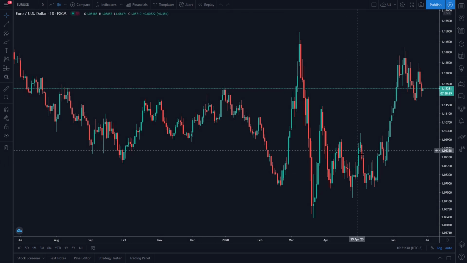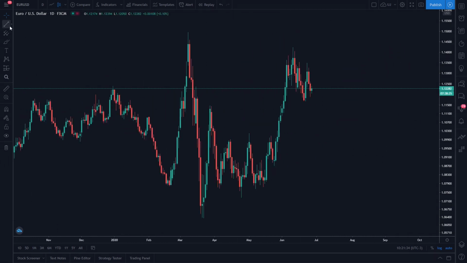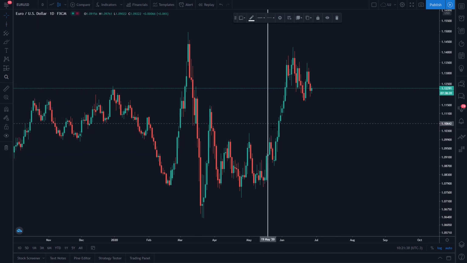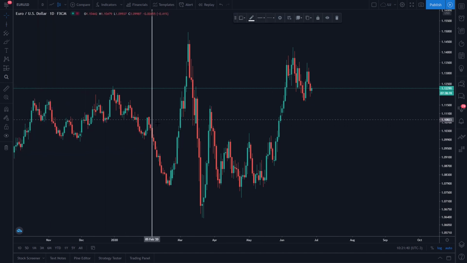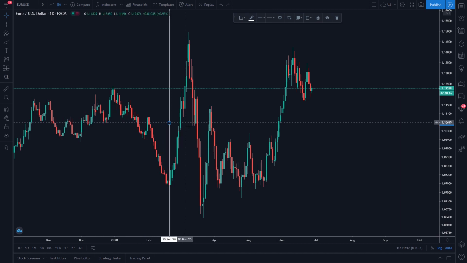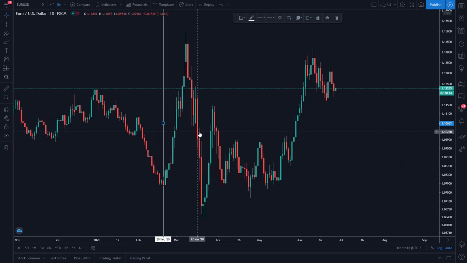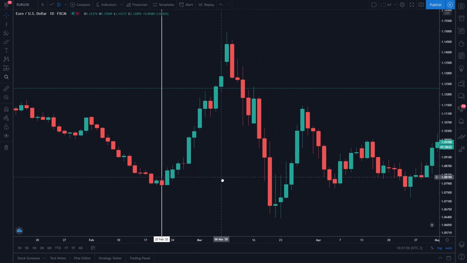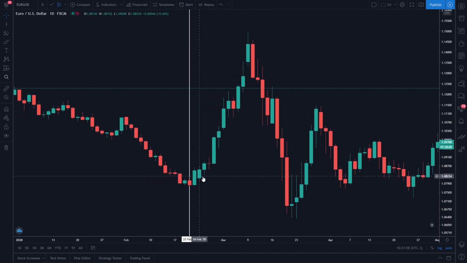The 20th of February. Oh my God, the 20th of February. So in this case, it looks like the fundamental indicator hit exactly the bottom for EUR/USD. So this was an amazing trade.